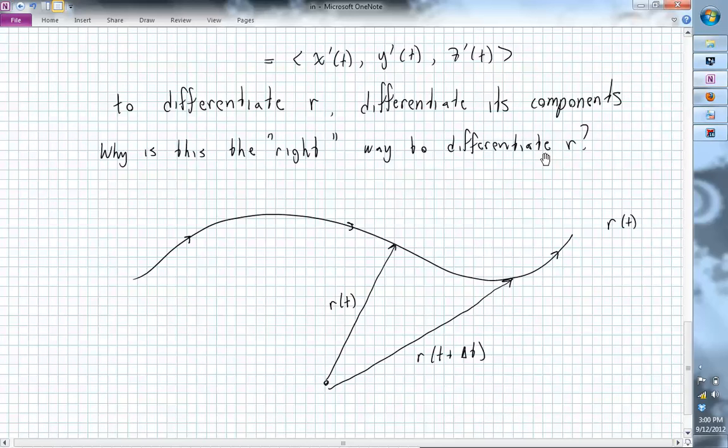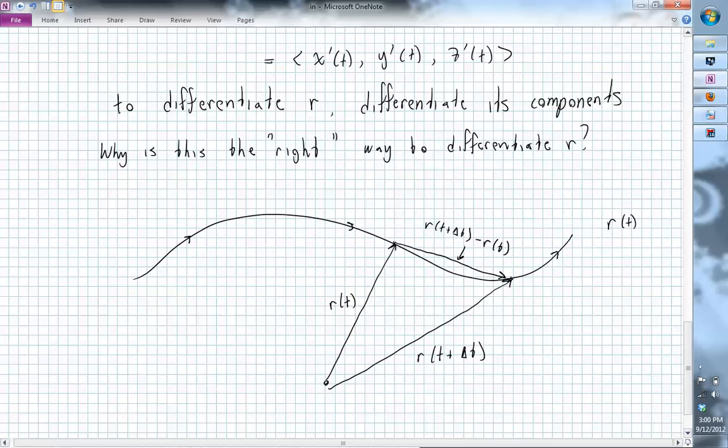It represents the displacement from the beginning here, r of t, down here to r of t plus delta t. Does everybody see that? Okay. Nothing more than vector subtraction and the geometry of vector subtraction.